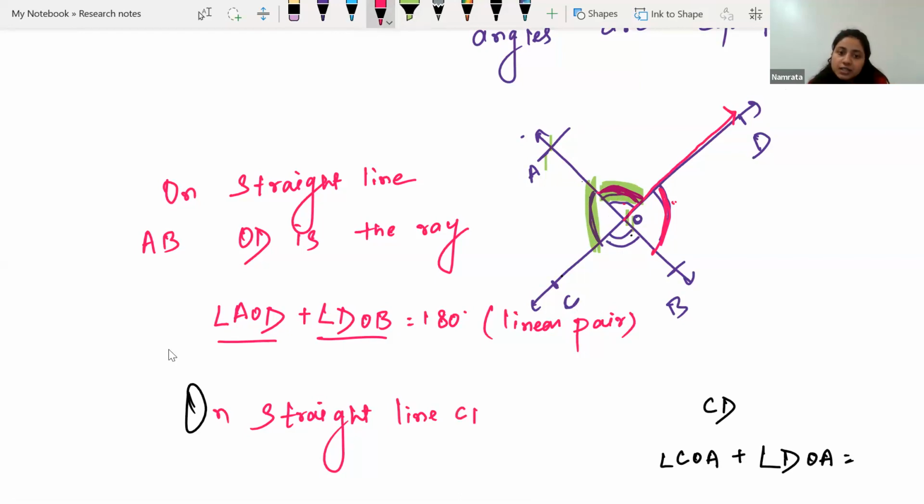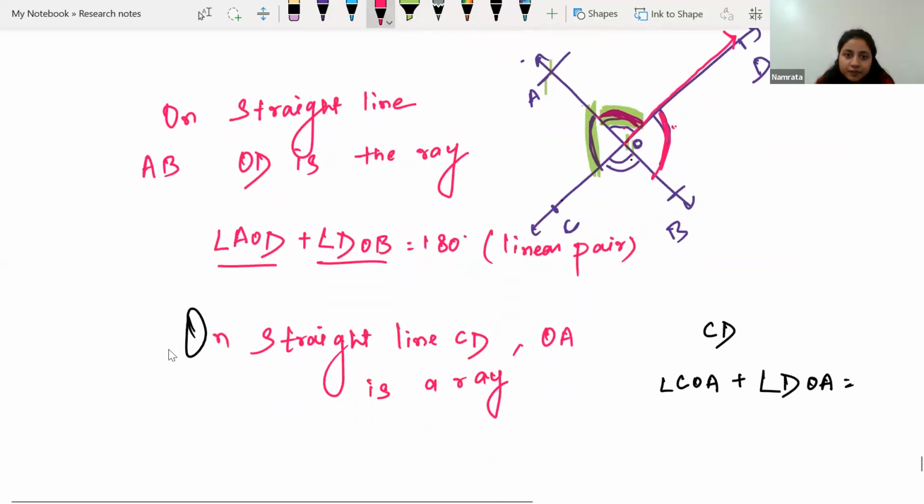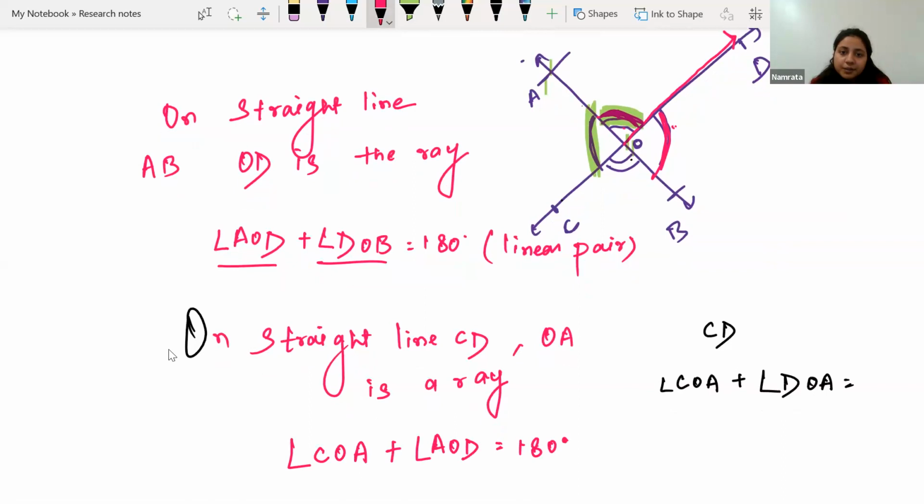On a straight line CD, OA is a ray, then we can write angle COA plus angle AOD is equal to 180. Can I say like that?